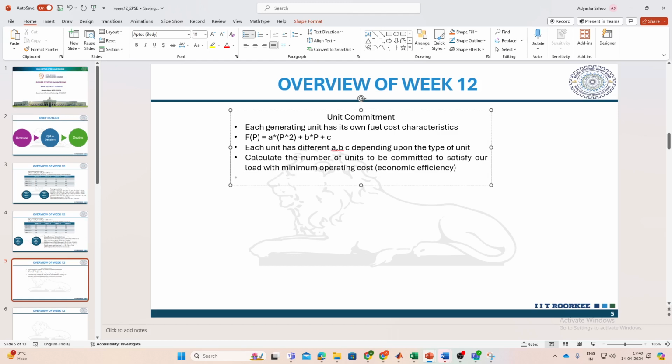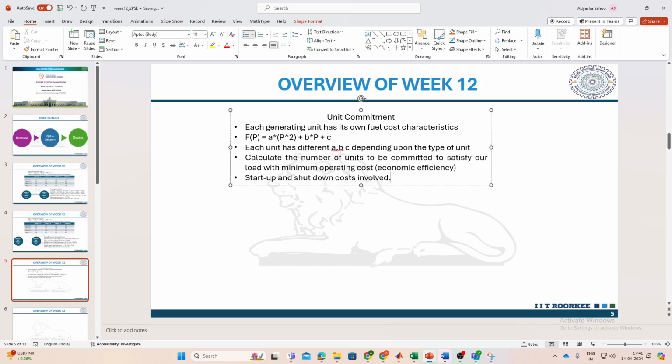Apart from this, there are several complexities in this problem. Firstly, there is some startup and shutdown cost involved. Apart from the fuel characteristics cost, you also have to consider the startup and shutdown cost involved for switching on or switching off the plant.